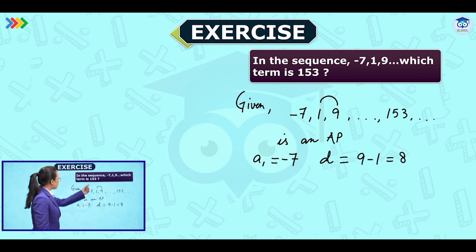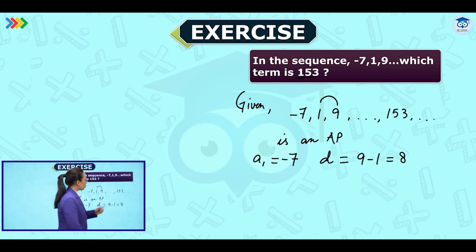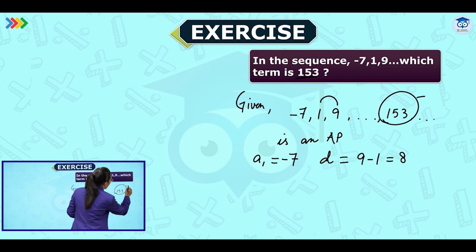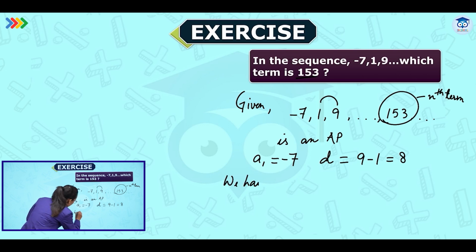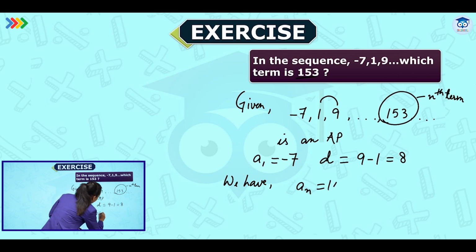Now it says that 153 is a term of this particular AP, so this is some an term. We don't know which term it is, and that is what we are going to calculate. So an is given as 153.